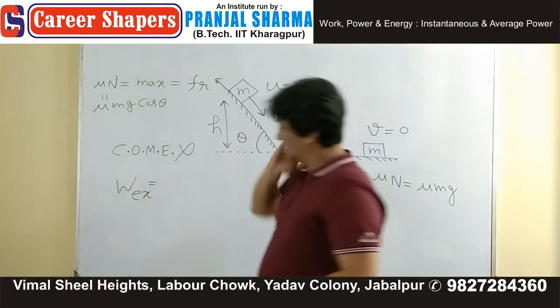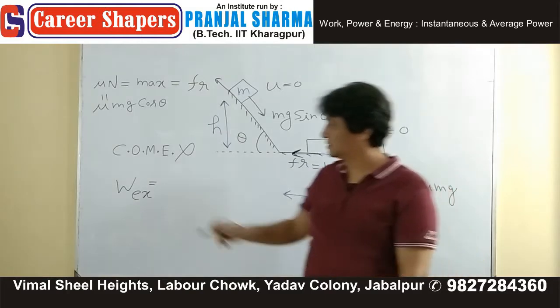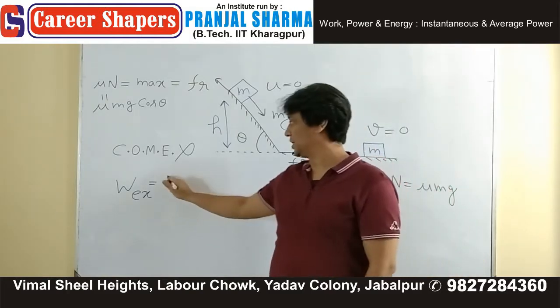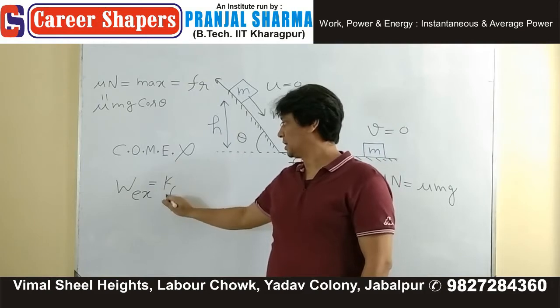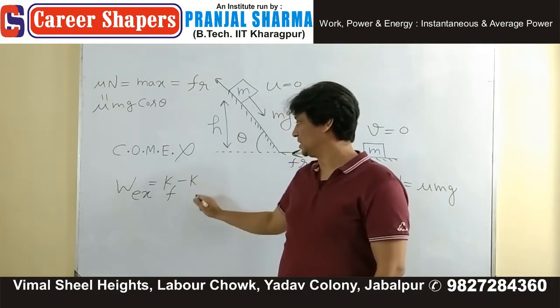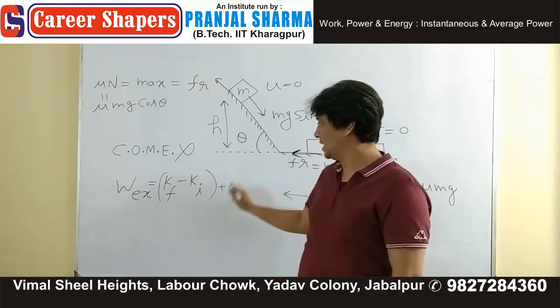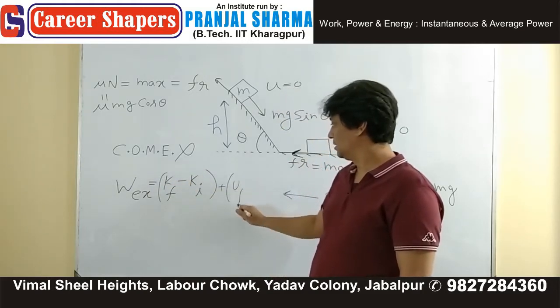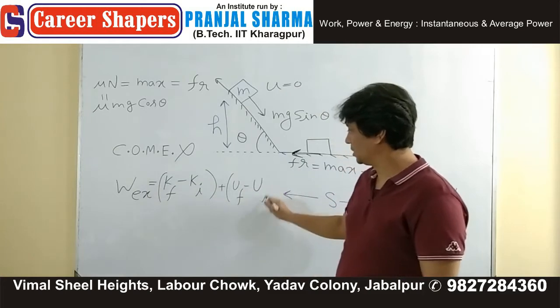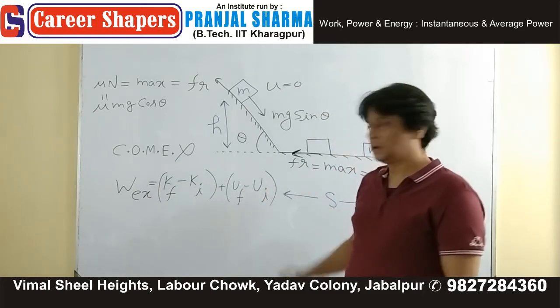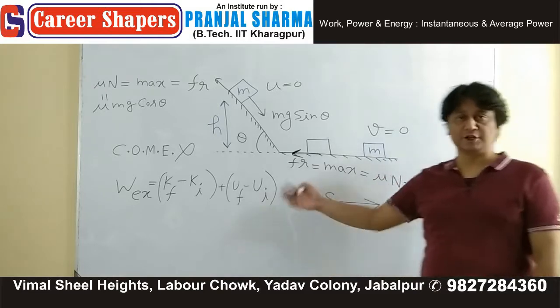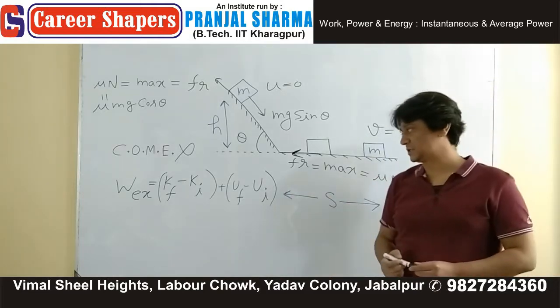W external is change in kinetic energy, K final minus K initial, K for kinetic energy, plus U final minus U initial. U is potential energy, which is gravitational potential energy in this case.